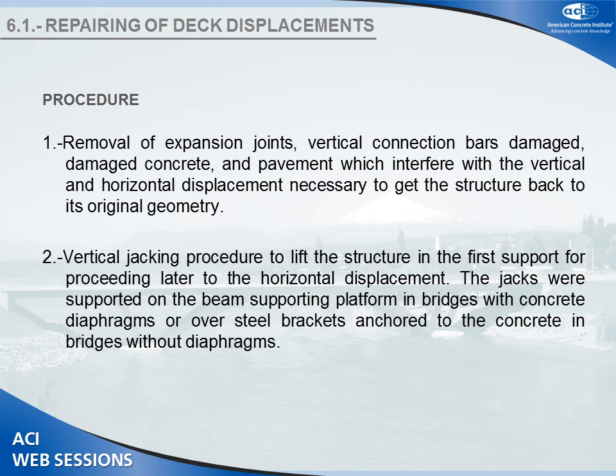So we had to use a vertical jacking procedure to lift the structure in one of the supports for proceeding later to the horizontal displacement. The jacks were supported on the beam supporting platform in bridges with concrete diaphragms or over steel brackets anchored to the concrete in bridges without diaphragms.